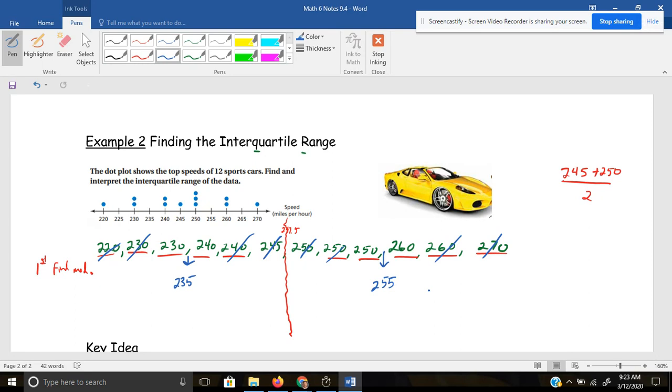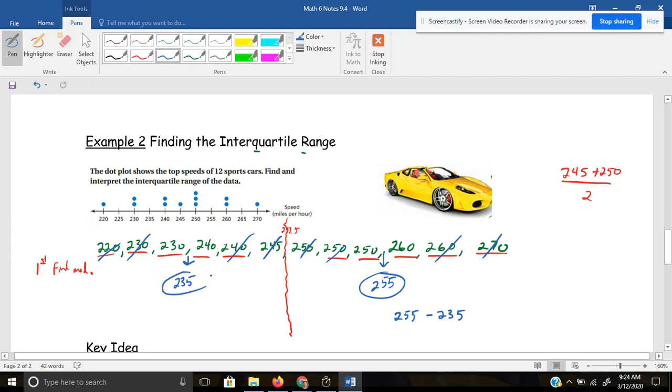Okay, so now when I'm finding my interquartile range, I take my third or upper quartile and subtract my first or lower quartile. So I will take 255 minus 235, my third minus my first, or my upper versus my lower, and that gives me a total of 20.